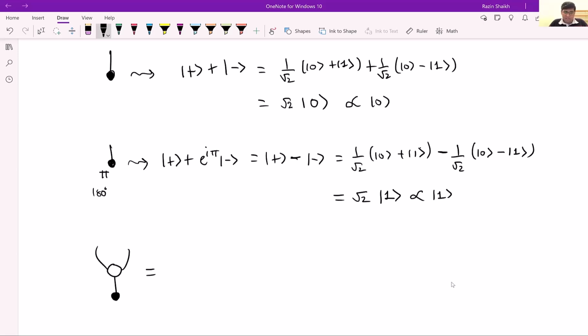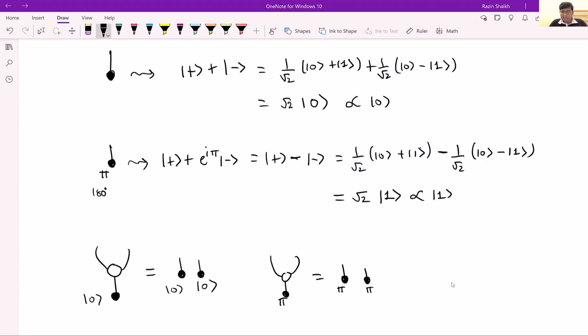So this becomes 0 copied twice, because we had 0 and this is the Z spider, which copies 0. So here we get 0 and 0. And similarly, we know that it also copies the ket 1 state. So if I had the X spider labeled pi, that will also get copied.